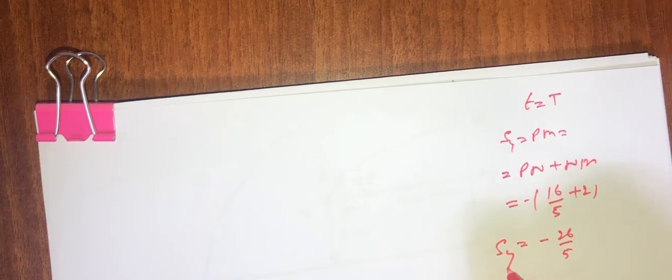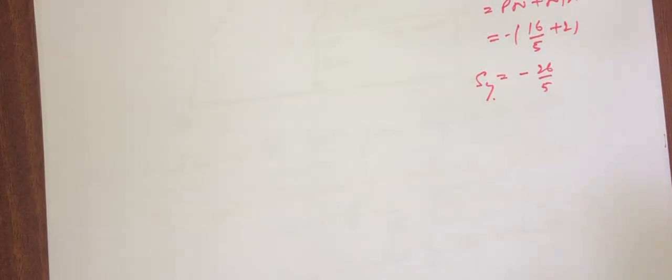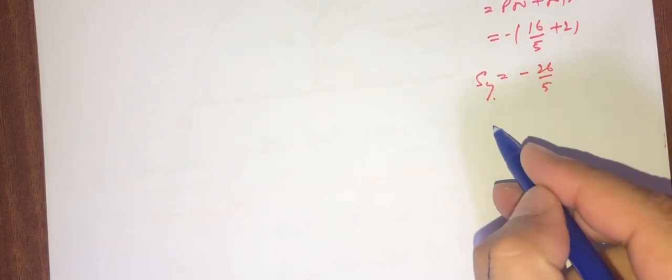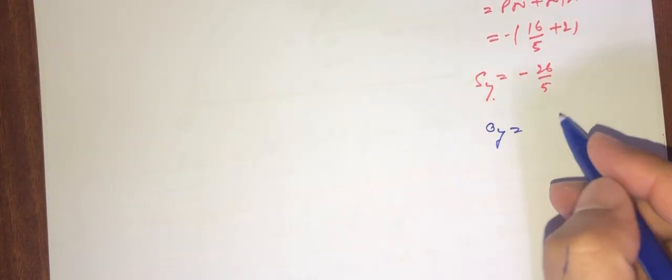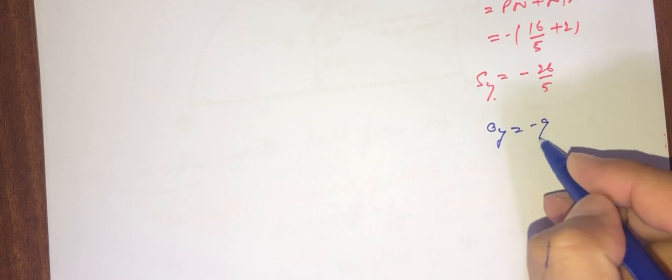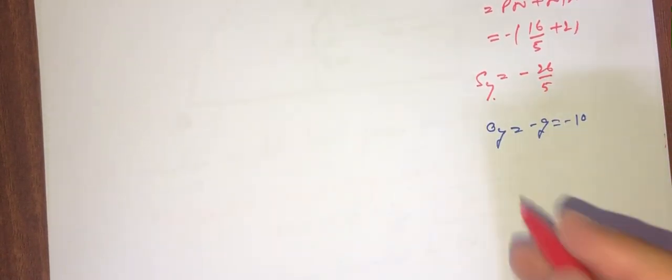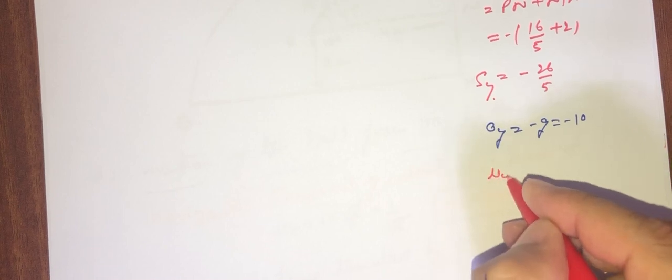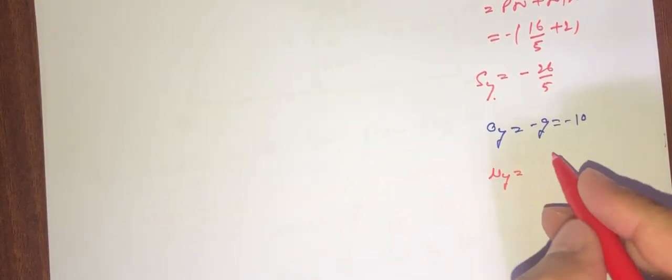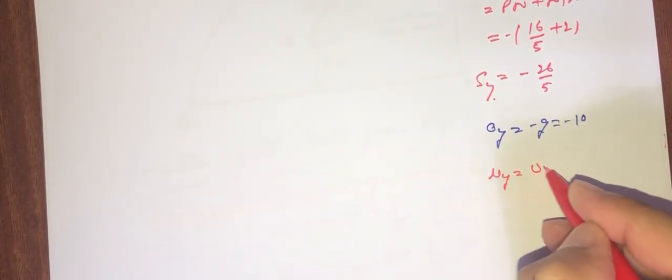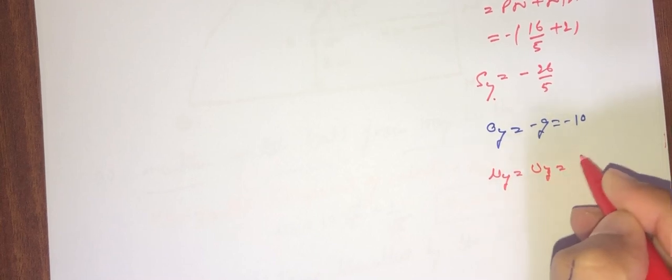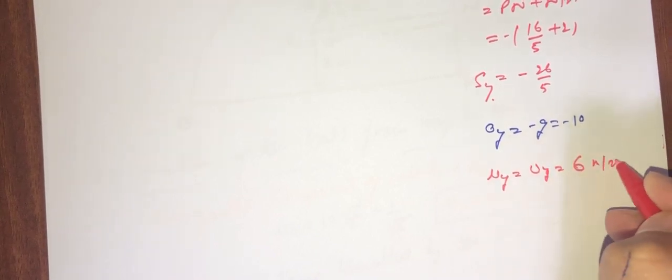So this will be our Sy, and ay will be equal to minus g, that is minus 10, and uy will be equal to 10 meter per second.